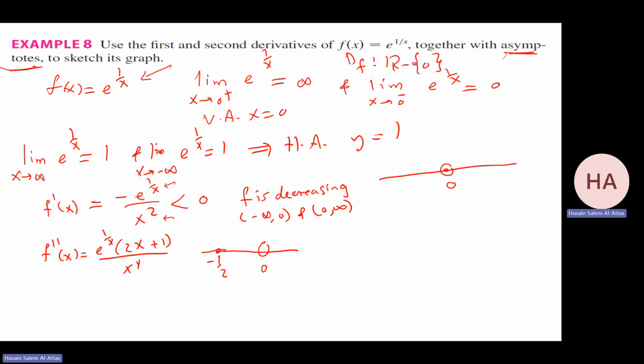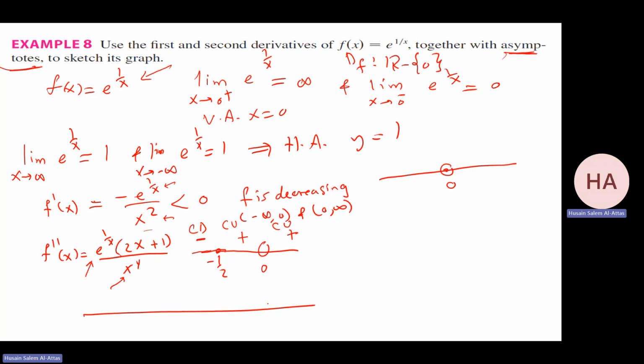Check the sign diagram. Take minus half. You notice this is positive, this is positive. So before minus half, it will be negative, and then it will be positive, positive. So it's concave down, then concave up, then concave up.